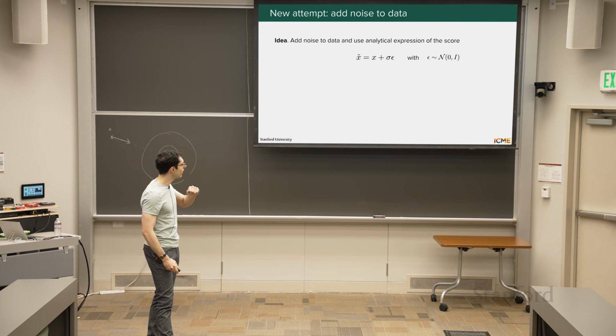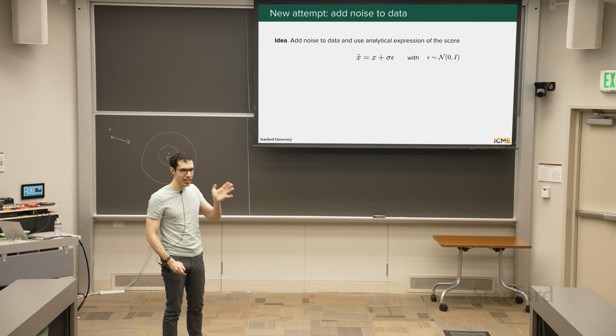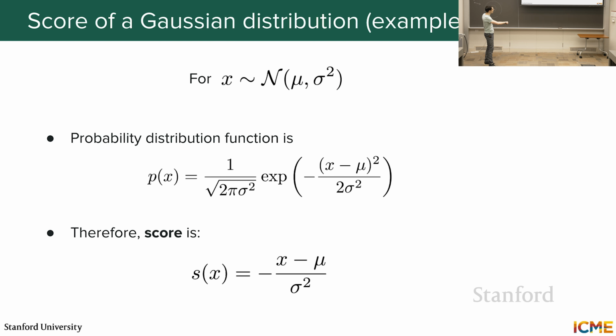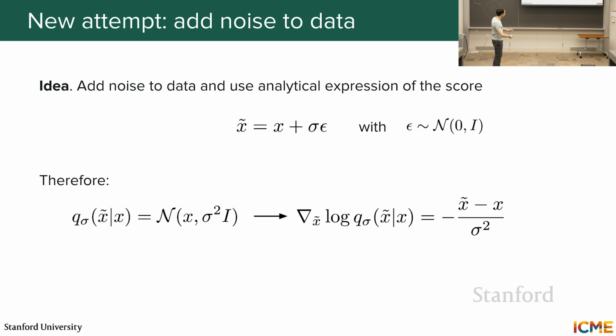Then we have x tilde equal to x plus sigma epsilon. So x tilde follows a normal distribution of mean x and variance sigma squared I. Using exactly these results, the score of q sigma of x tilde given x is something that is tractable.